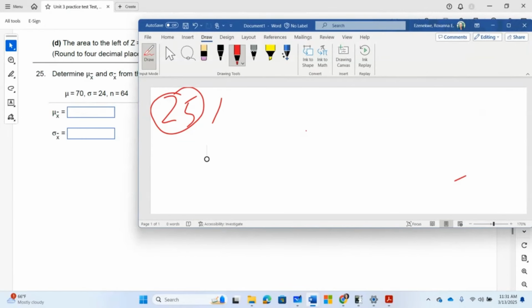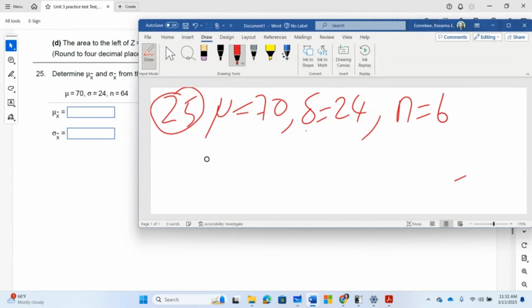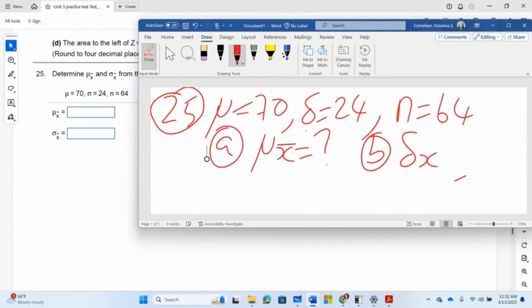We're given that the mean of this population, mu, is 70, and the standard deviation here is 24, and the sample size is 64. And I will ask three questions. The first question is A, find the mu x bar. The second question is B, find the standard error.